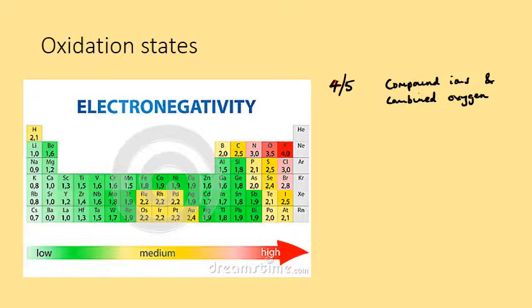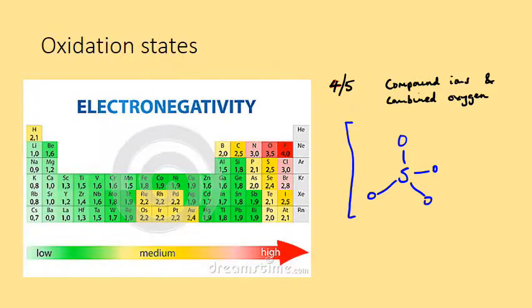Let's use the sulfate ion that you'll be familiar with from sulfuric acid, for example. So sulfate ion is SO4, so we've got 4 oxygens joined to 1 sulfur.